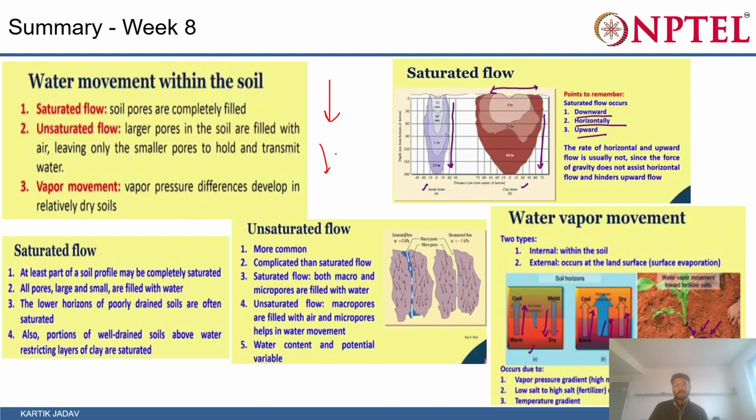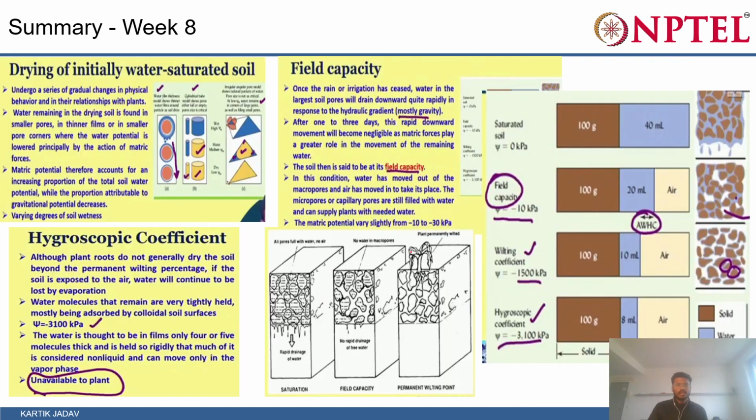All these parameters are very important for the design of a drainage system. For that purpose, we started with water movement within soil, whether saturated flow, unsaturated flow, or vapor movement. These are the differences between them, and I'm not going into detail.